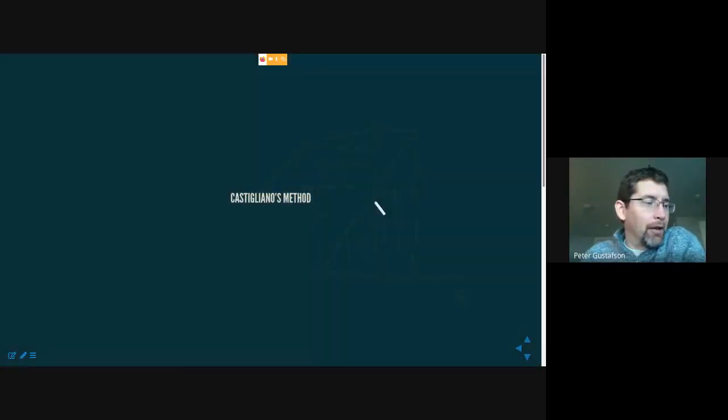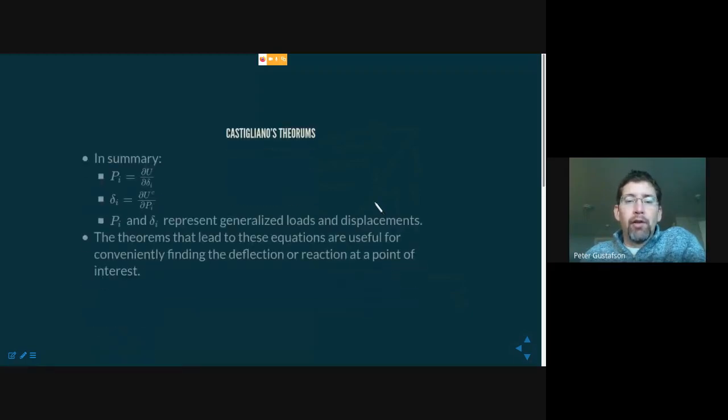Okay, so coming back from that little tangent, let's now do some example of what's called Castigliano's method. So in summary of the two equations that Castigliano wrote, Castigliano's first was that a force, and this is a generalized force, could be a moment or something else, can be determined if you can write the strain energy and then take a derivative of that strain energy with respect to the displacement.